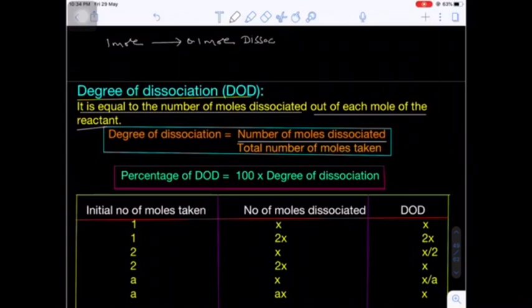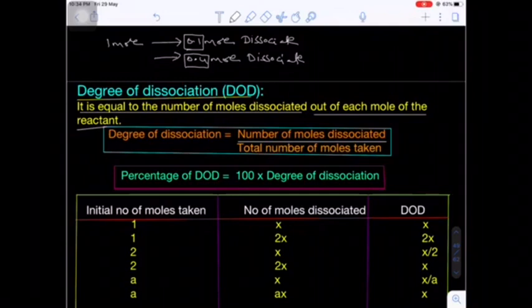So this 0.1 is called the degree of dissociation. Let's suppose from 1 mole of a reactant, 0.4 moles decomposes or dissociates. That means this 0.4 is referred to as the degree of dissociation. Are you getting my point?